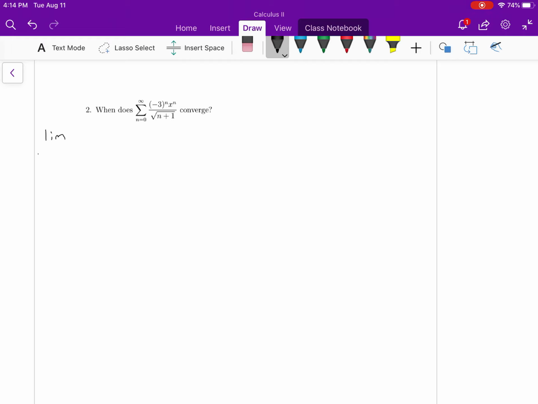We have the limit as n goes to infinity of the absolute value, and on top we have our an plus 1 term, which is negative 3 to the n plus 1 times x to the n plus 1 divided by the square root of n plus 2. And on the bottom, we just have an, which is negative 3 to the n, x to the n over the square root of n plus 1.